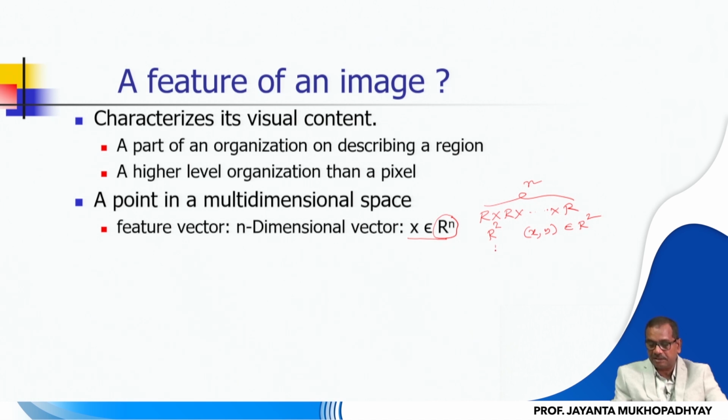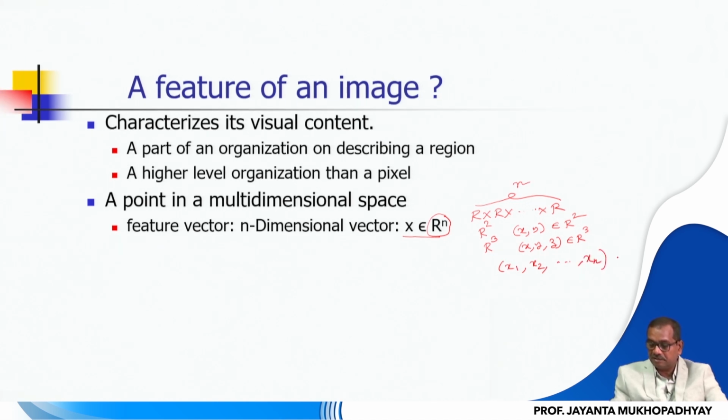Similarly, for 3 dimensions, we write R cubed, and we represent a point as x, y, z in R cubed. In n dimensions, in general, we use suffixes. So, we will represent a feature vector as a point in that n-dimensional space whose coordinates are denoted in this fashion.